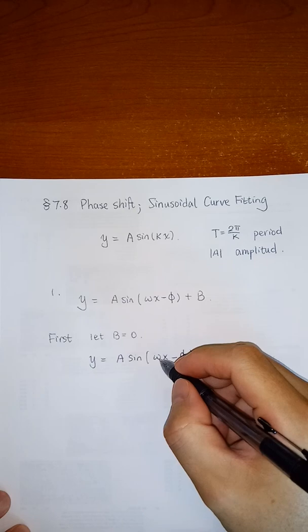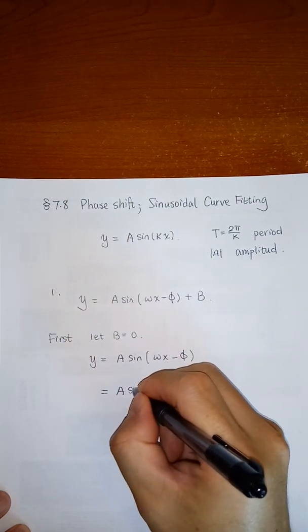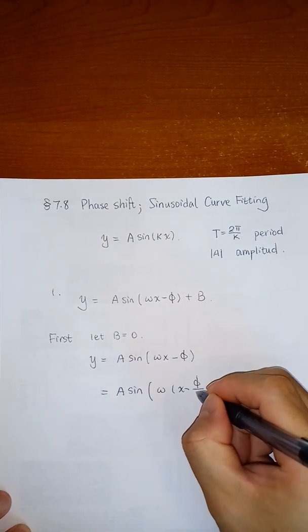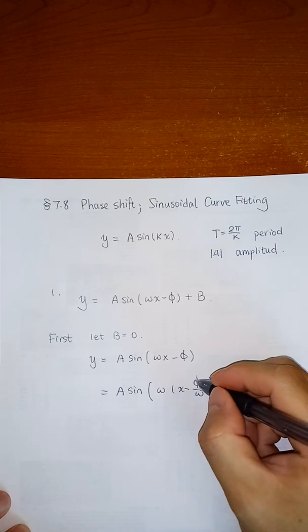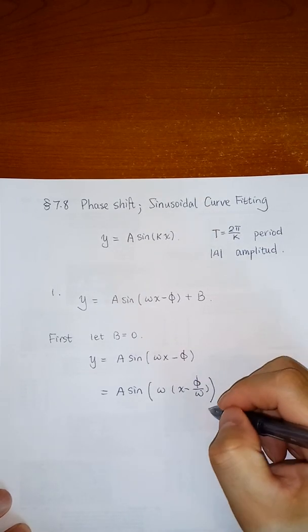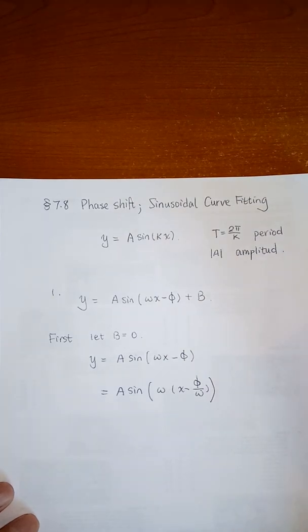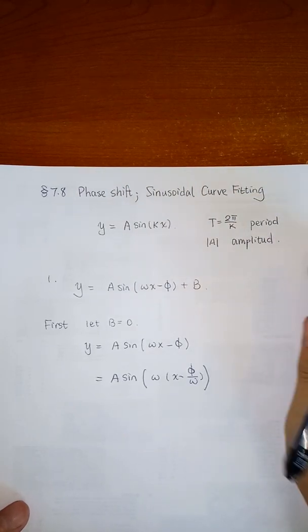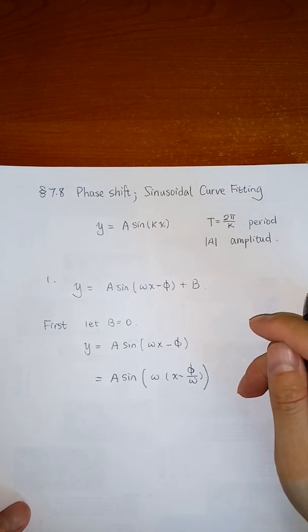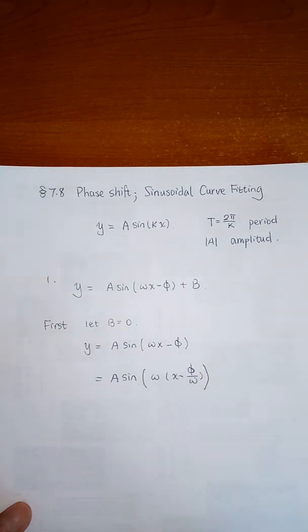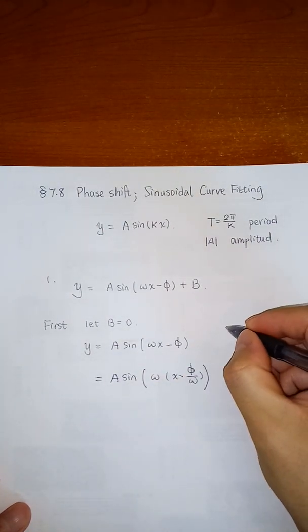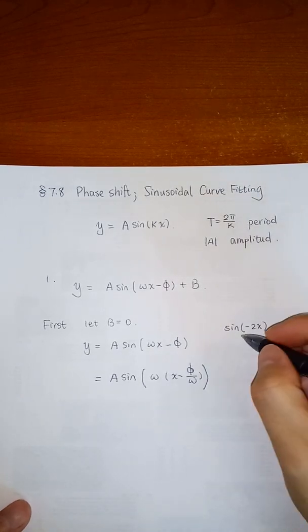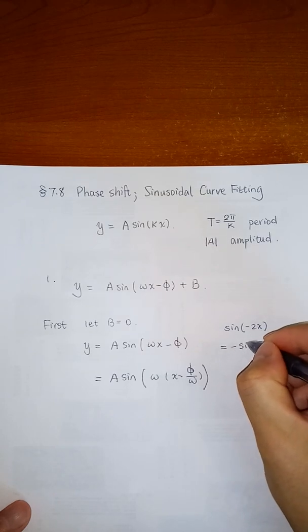And we factor out omega, so we get x minus phi over omega, then quantity times omega. Remember that sine is an odd function, cosine is an even function. So if you have a negative omega, for example, sine negative 2x, you can move the negative sign forward to get negative sine 2x.